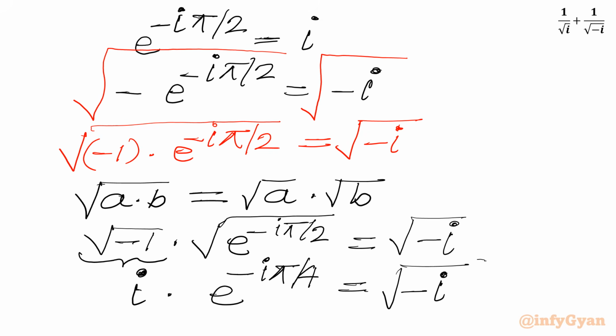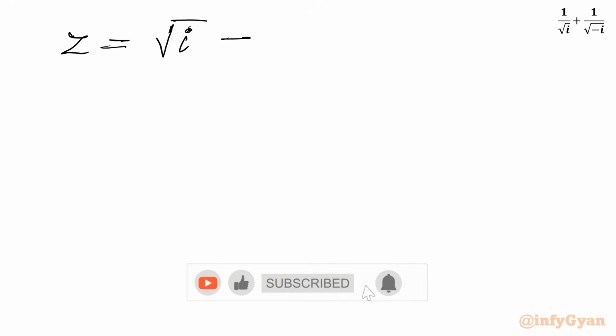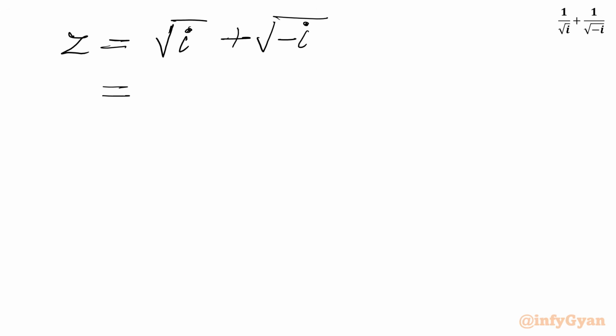Now we have to add √i and √(-i). So I can write z = √i + √(-i). This is equal to e^(-iπ/4) + i·e^(-iπ/4).